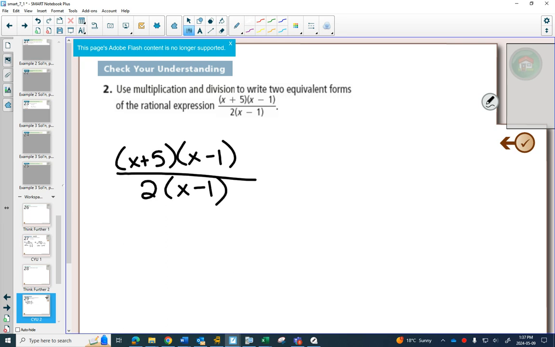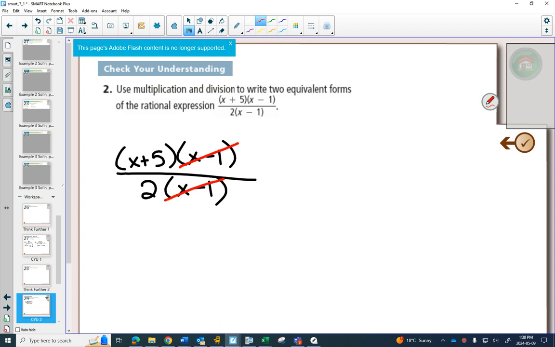I'm going to start off with the easiest idea, and that is simplifying. Like in fractions, you learned that if you had 4 over 6, you should write it in simplest form. You should write 2 over 3. Can you see anything that could simplify here? Is there anything identical? Well, we have the x minus 1.